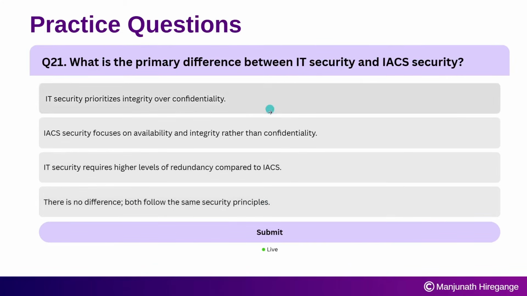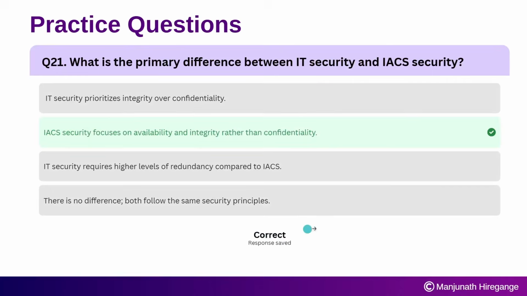If you remember the IT OT differences in terms of their goals and the CIA triad, then you will easily answer this. So IACS security focuses on availability and integrity rather than confidentiality. Even though confidentiality is also important, the priority differs, and that's the primary difference.